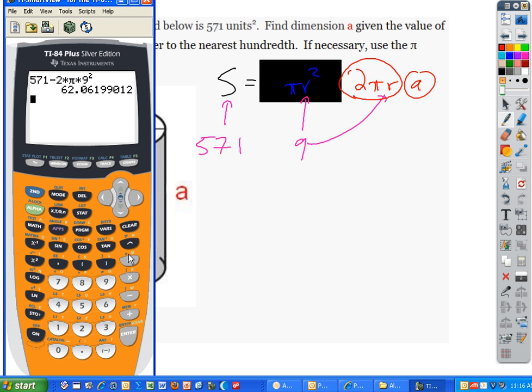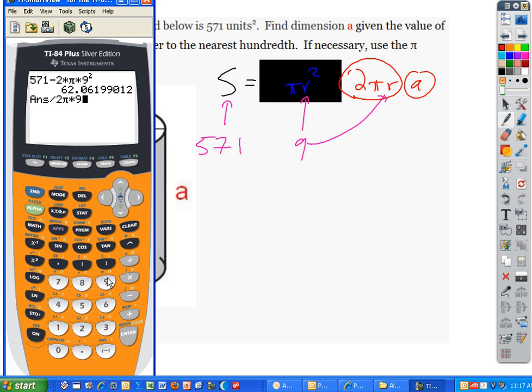Yeah, I have to put parentheses, or the calculator, which is smart enough to know order of operations, will do what I told it, which is my answer divided by 2, that result times pi times 9. That's not what I wanted. I wanted to divide by all that stuff.